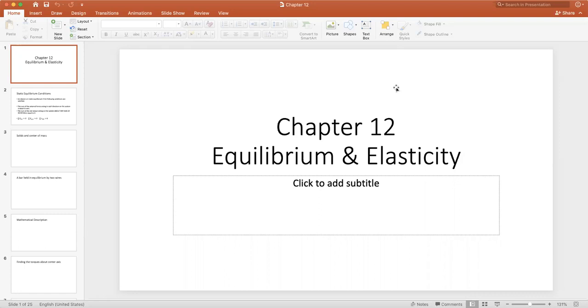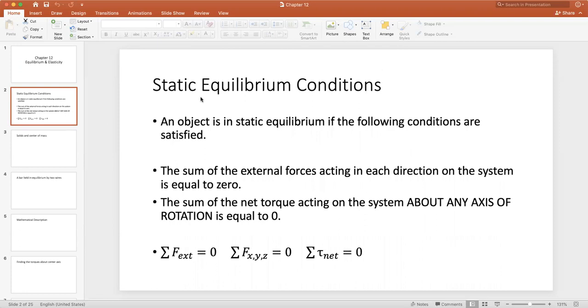So let's define static equilibrium. An object is in static equilibrium if the following conditions are satisfied. And remember that static equilibrium means it's not moving in translational motion and it's not rotating. So if there's no translational motion, then the sum of the external forces acting in each direction, X, Y, Z, of the system is equal to 0.